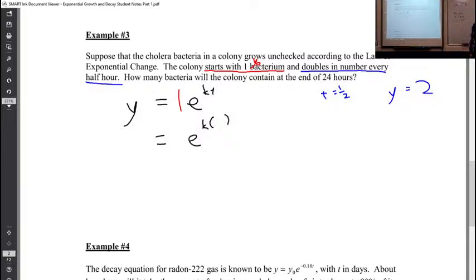That was a toughie. One times 2 is 2. When t is 1/2, after a half hour, the amount that we have is 2. We started with 1, so if I double it, it's 2.